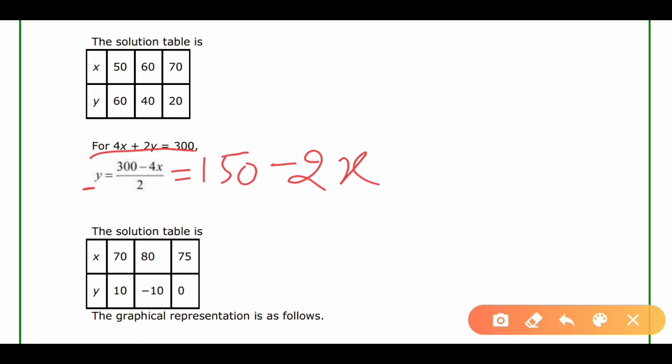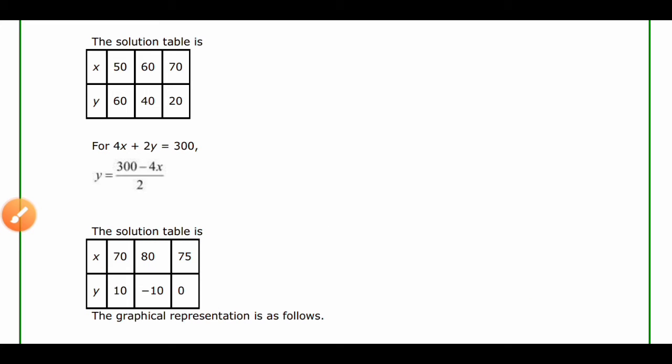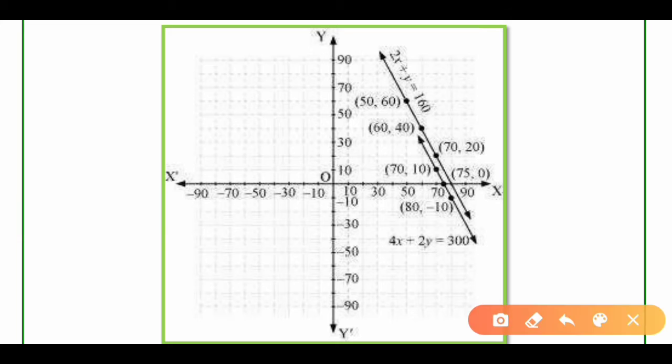Now replacing the values of x in this equation, x equals 70, we'll get y equals 10. When we replace x equals 80, we'll get y equals minus 10. When we replace x equals 75, we'll get y equals 0. So we'll get this table. Clear?